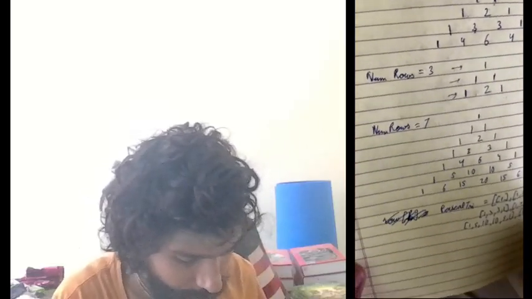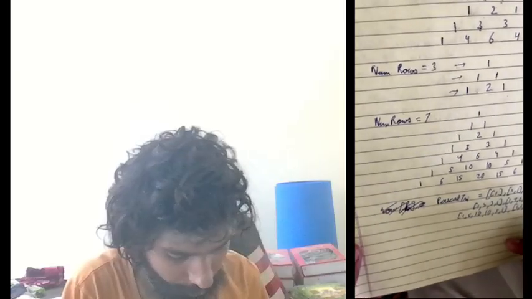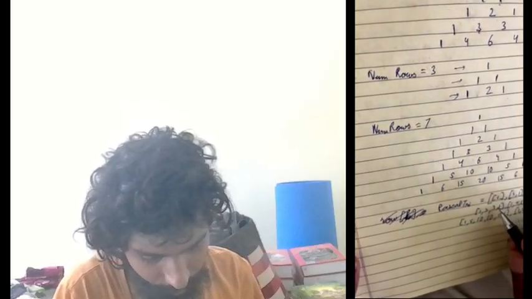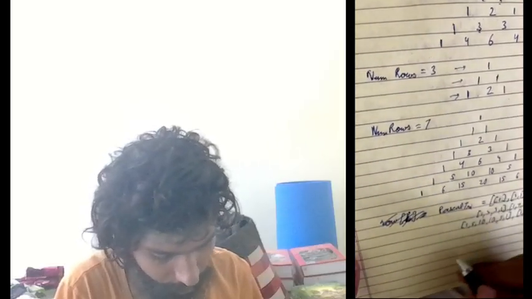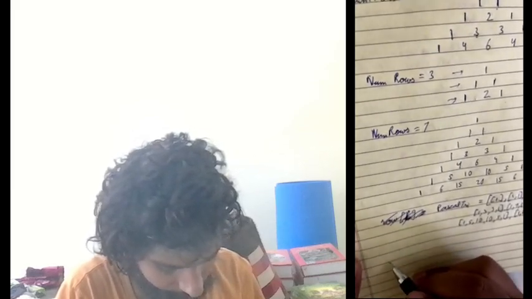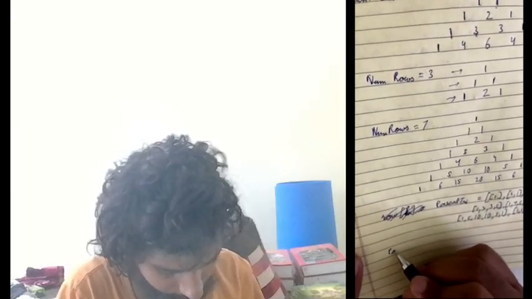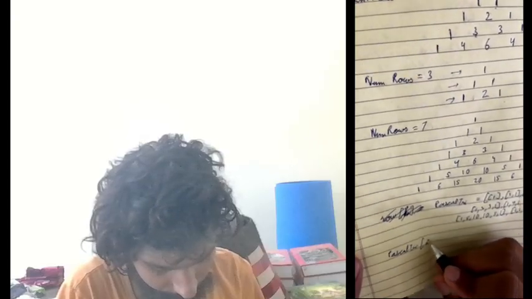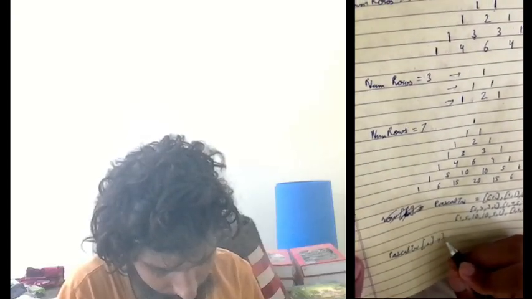So what is our formula to compute each element of this 2D array? We say that, for example, if we have computed till the nth row, let's say we want Pascal triangle row i and column j.